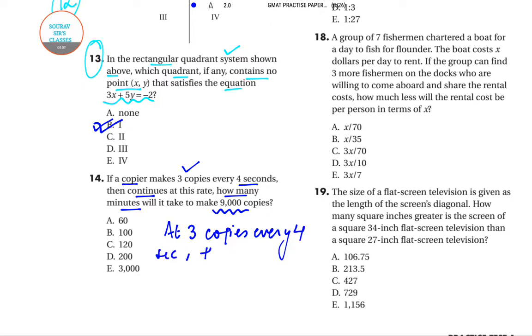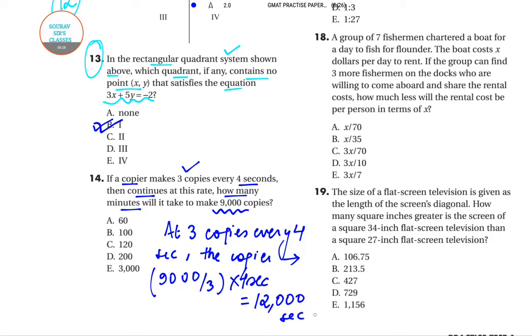the individual will finish the batch in 9,000 by 3 into 4 seconds. This will become 12,000 seconds.